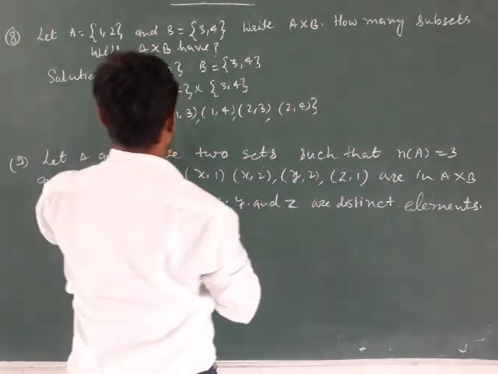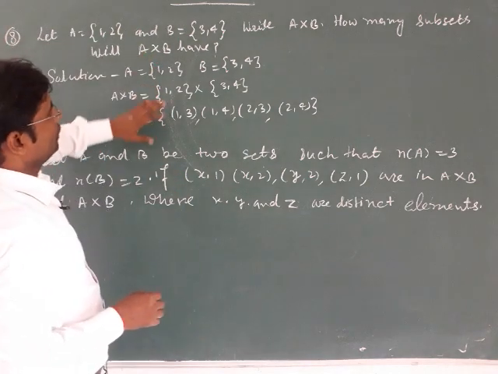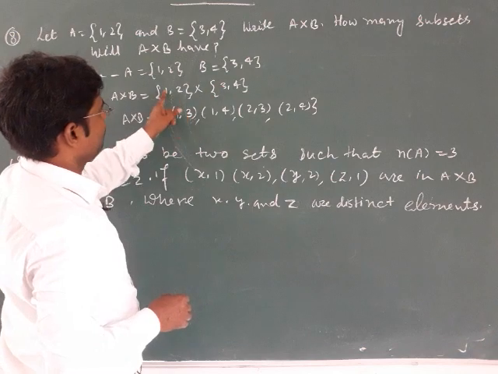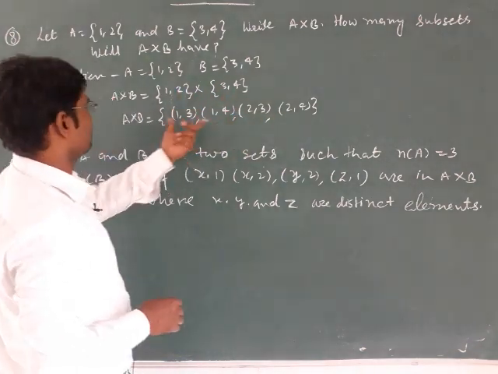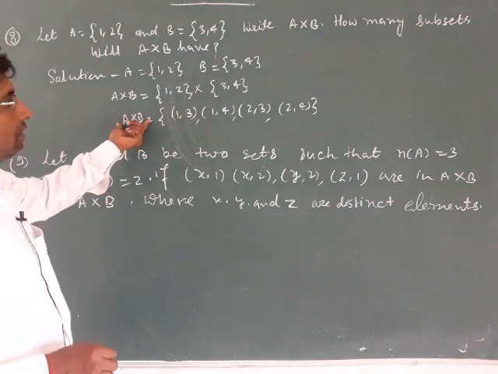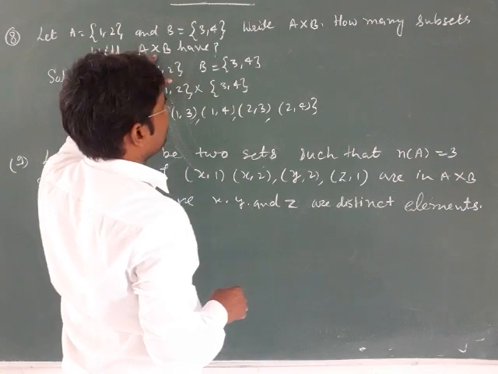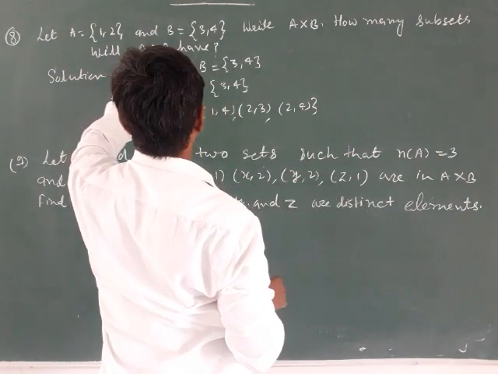So this is the Cartesian product A cross B, the set of ordered pairs (1, 3), (1, 4), (2, 3), (2, 4). Now how many subsets will A cross B have?